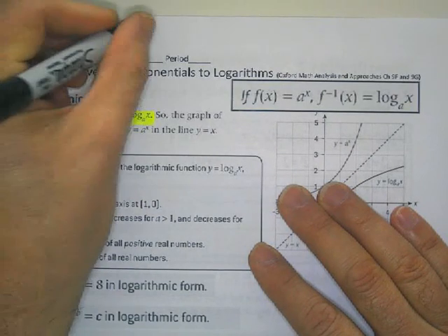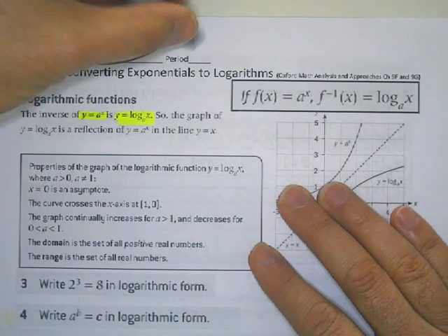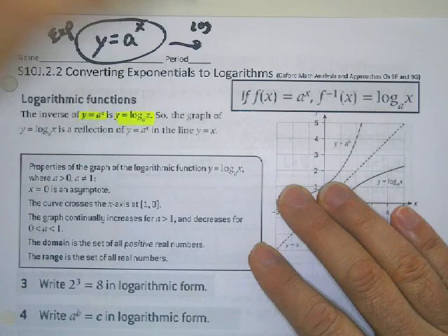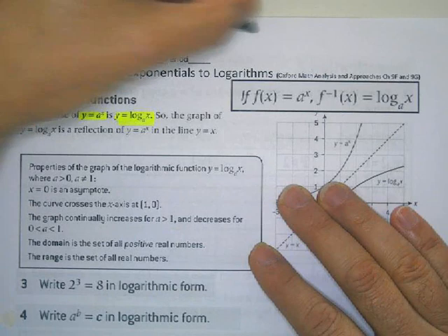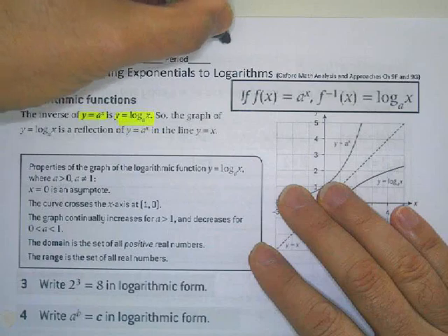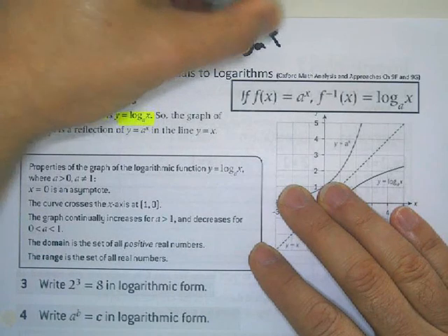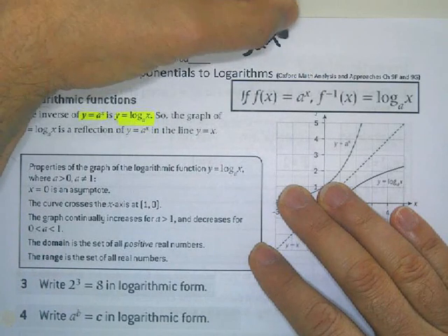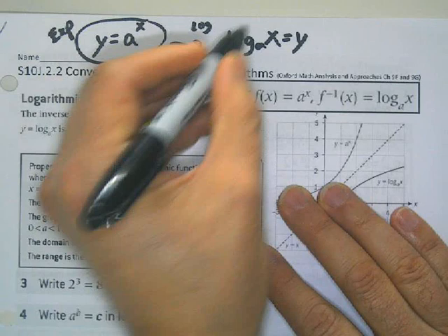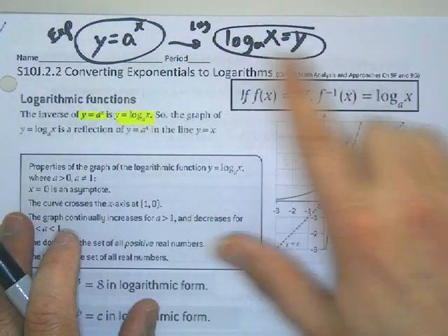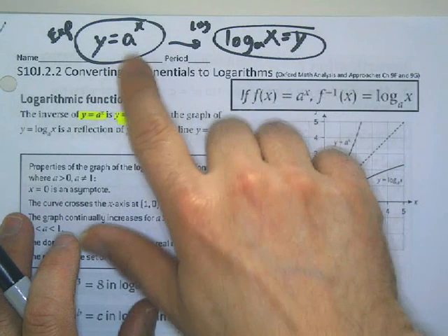Okay, this is the same thing as writing log base a of x equals y. So why on earth would we want to write this like this if we're solving for the exponent x?